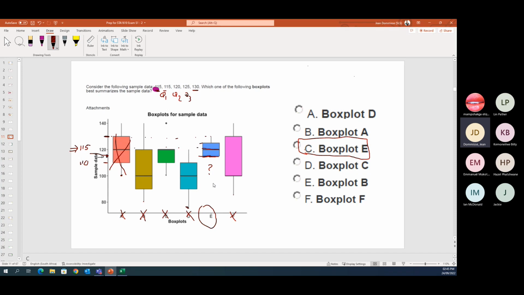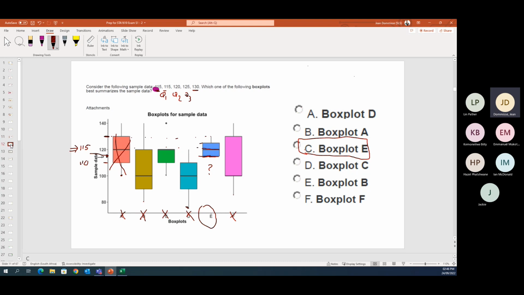So that is how I would nearly do it in the exam as well: look at what's your minimum. Then if you have two that are similar, first look at between those two, what's the maximum, before you go into Q1, Q2, and Q3, because then probably you will already have eliminated most of them.